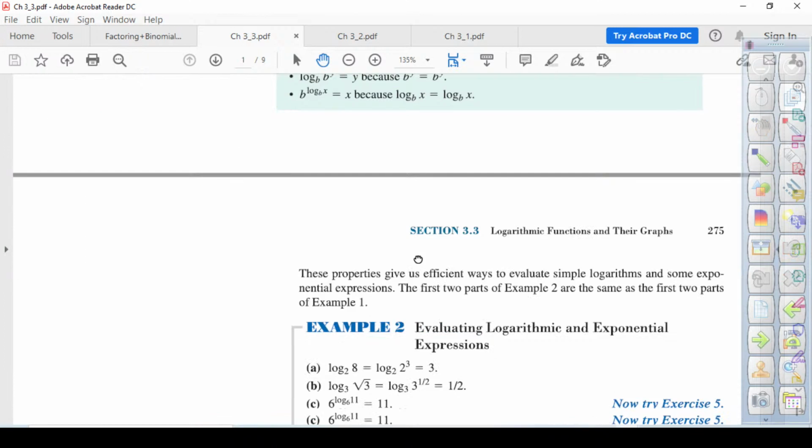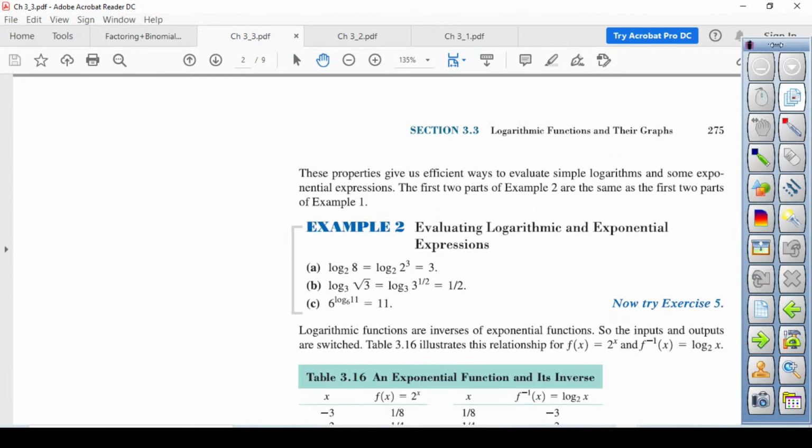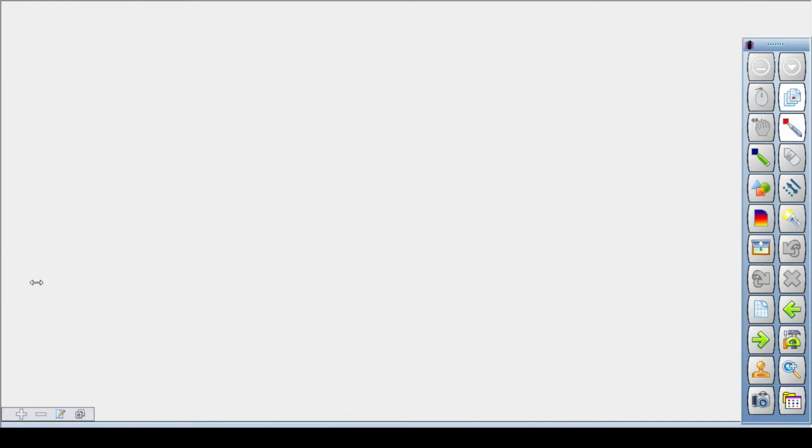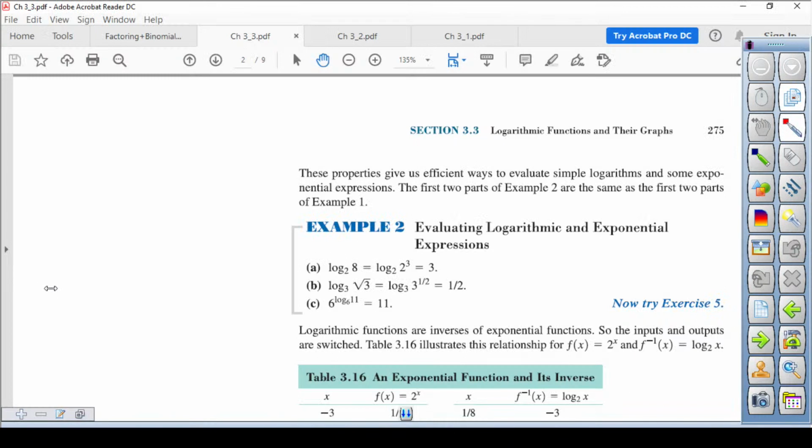So here's an example of this one here, which is letter C. Let me give you a different example. Let's say I have 7 raised to log base 7 of 11.